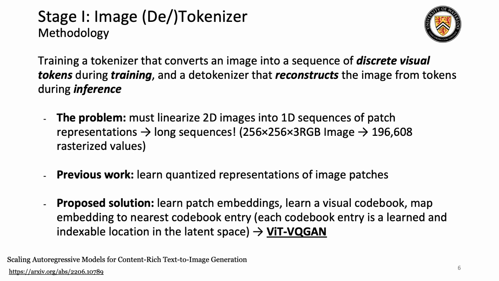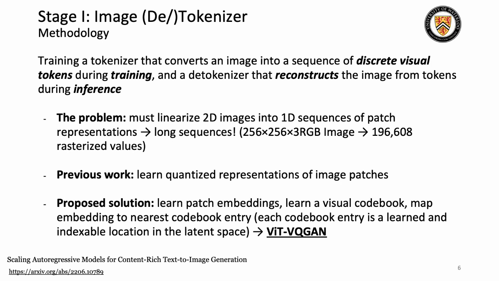Previous methods tackle this by learning quantized representations of image patches. However, the Party model introduces a more refined solution. It uses a tokenizer to learn patch embeddings and then maps these embeddings to a visual codebook. Each entry in this codebook corresponds to an indexable location in the latent space. Therefore, it reduces the complexity of the image data.